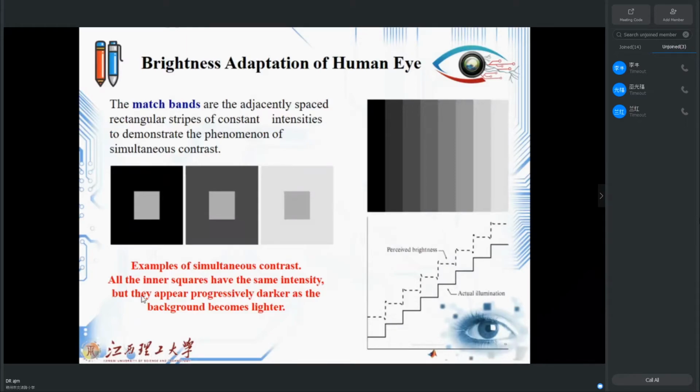Then even here you will see that from the dark to the gray, we can have different levels of brightness that is shown in the figure.